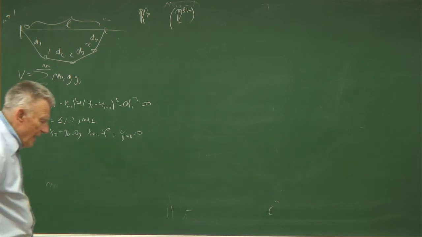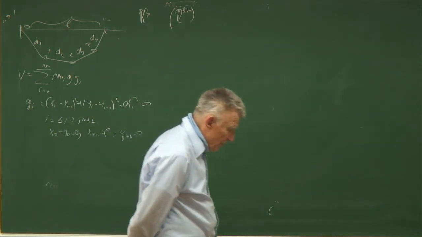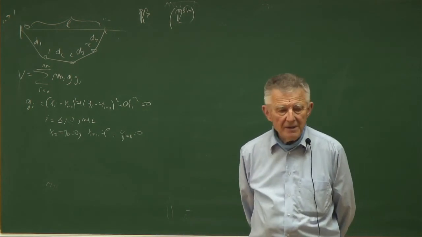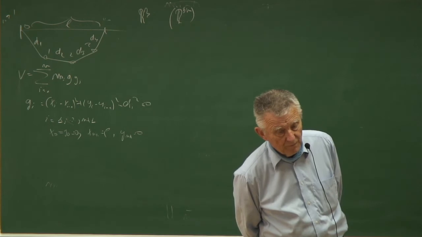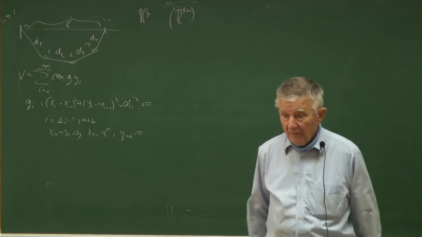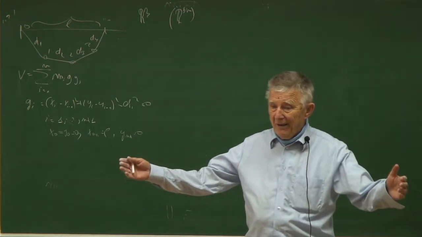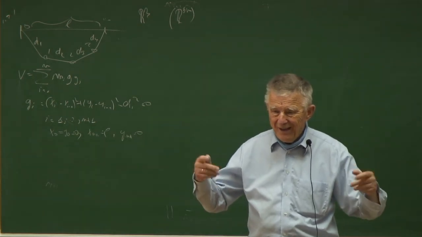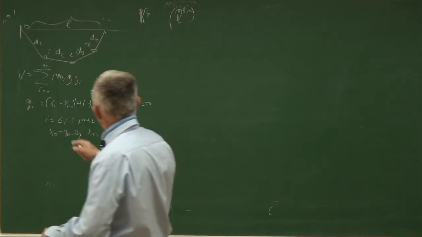Now I make an additional assumption. I assume that my catenary is symmetric. What do I mean by that? That going from left to right, you have the same bars.